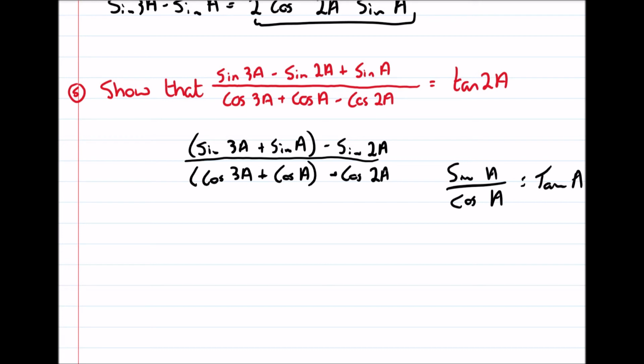Now, if we look at this, it's adding together, and so is this adding together. I don't want that because I can't cancel if they're getting added together. So I'm going to have to change this sum to a product. Once I get the same product on the top and the bottom, then I can start cancelling. Basically, once things are being multiplied together on the top and the bottom of this fraction, I can start cancelling. Until that point, I can't.